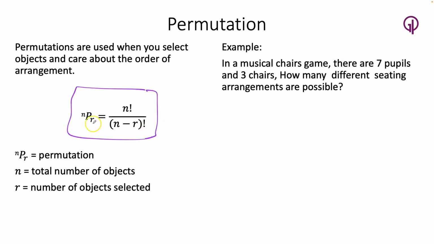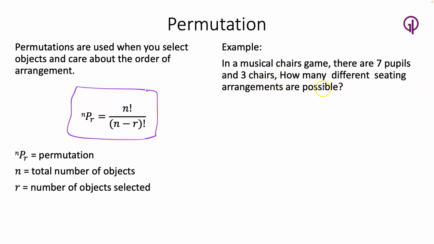Now here in this formula we have this nPr, which is permutation. This one is n, the total number of objects, and then r is the number of objects selected. So for instance, we have this example which says in a musical chairs game there are 7 pupils and 3 chairs.